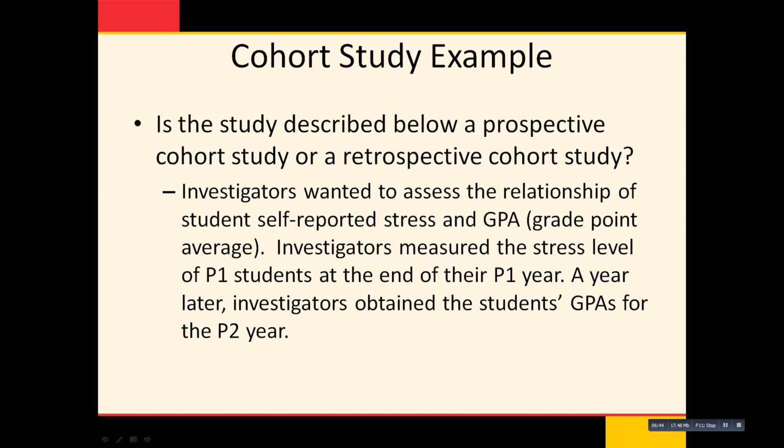Again, the challenge here is if you hadn't measured stress early on, it would be difficult in the P4 year to ask students to rate their stress in the P1 year, and the accurate assessment of stress may be different based on what's happened in years 2, 3, and 4. And so again, that might be a reason why you would favor a prospective study to collect the data on stress and exposure early and then follow people over time, at least for this example.